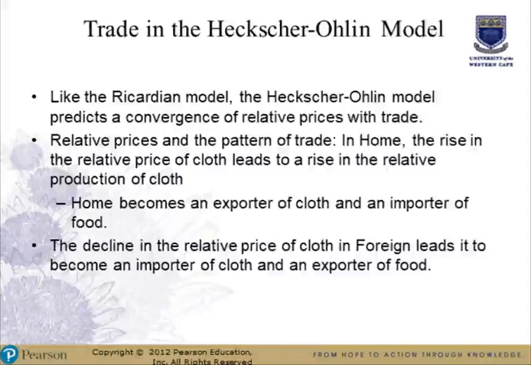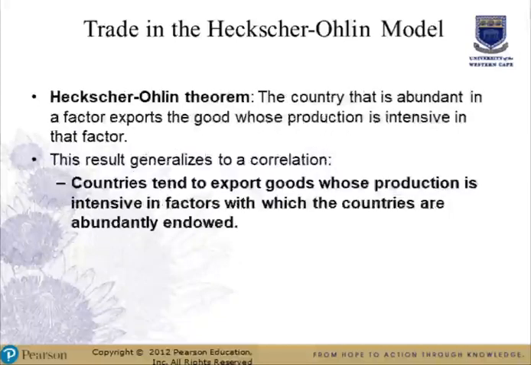Thus, the home country will become an exporter of cloth and an importer of food. Lastly, the fall in the relative price of cloth in the foreign country leads to an increase in food production. That is, the foreign country becomes an exporter of food and an importer of cloth.